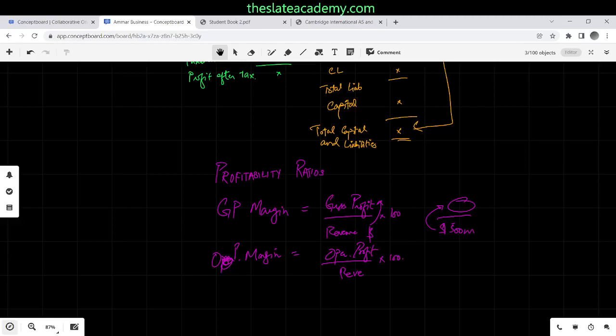There is one more profitability ratio which is for some reason given later on. This is what we call return on capital employed, or sometimes we just use the acronym ROCE.